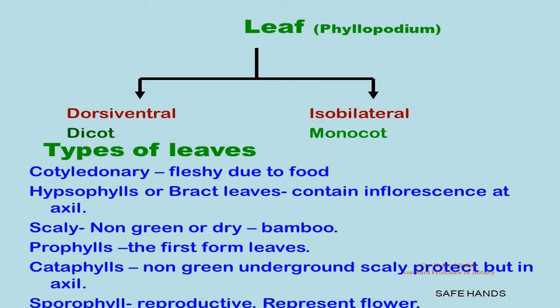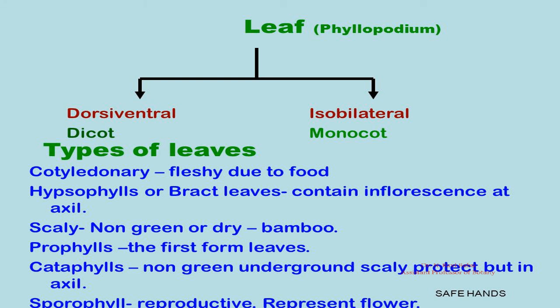If you find such differentiation clearly, then you can call that leaf a dorsiventral leaf. And in some instances, if there is no possibility of making a clear differentiation like dorsal or ventral view, that leaf can better be called an isobilateral leaf.